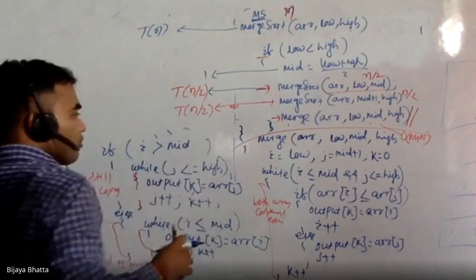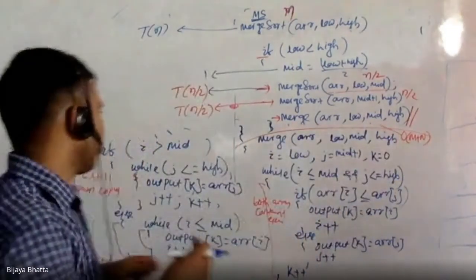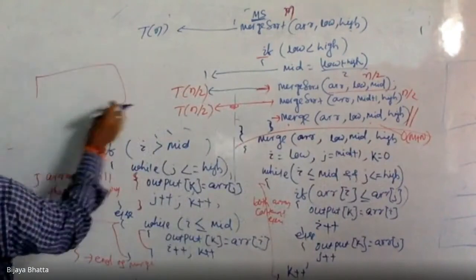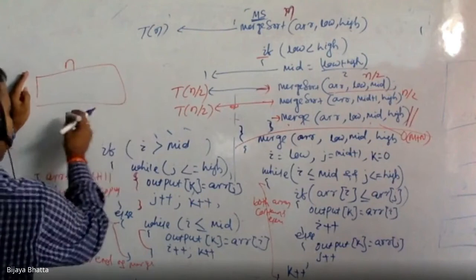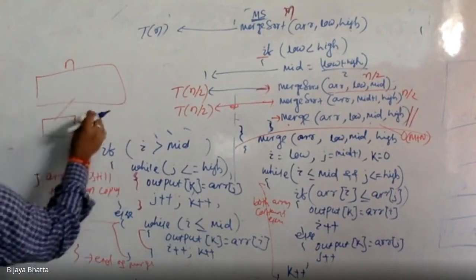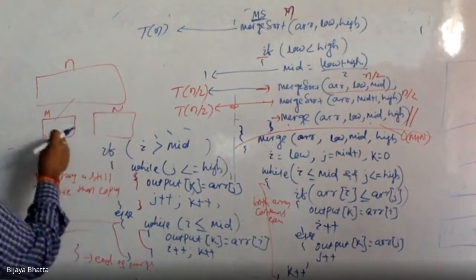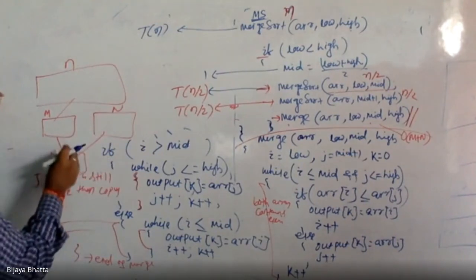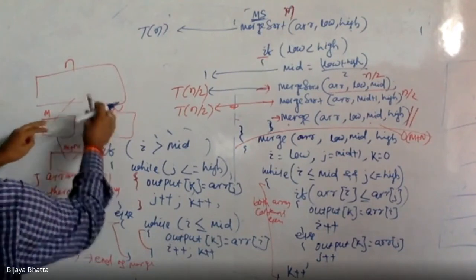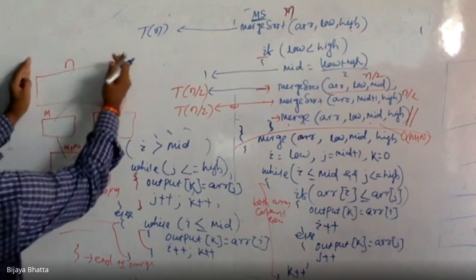And this one, merge, just now we discussed m plus n. But remember this: whenever there is a bigger array, suppose the size of this particular bigger array is n, we are dividing it into m and n. But whenever you merge, m plus n is nothing but the original array.